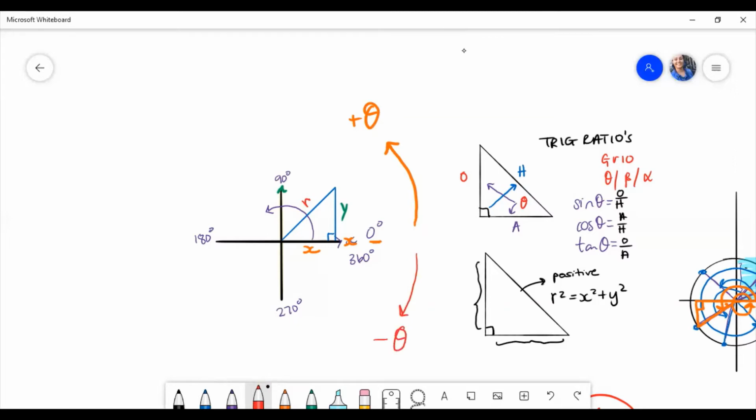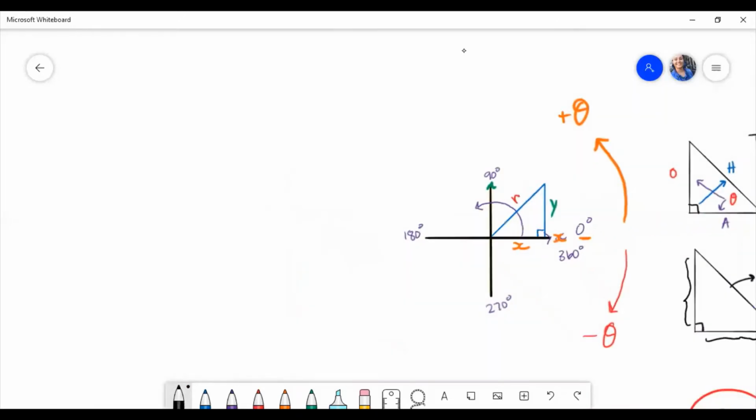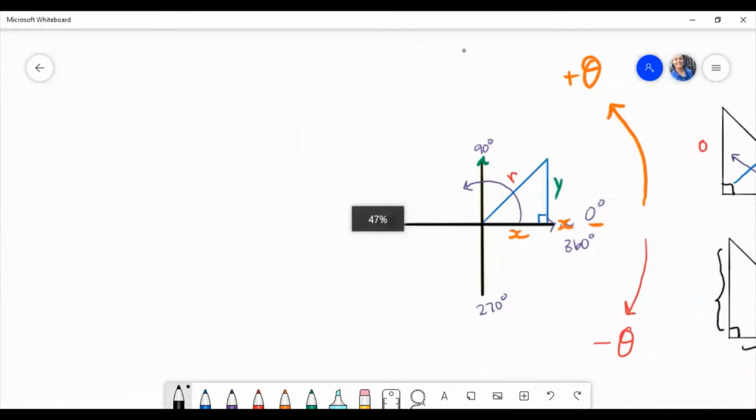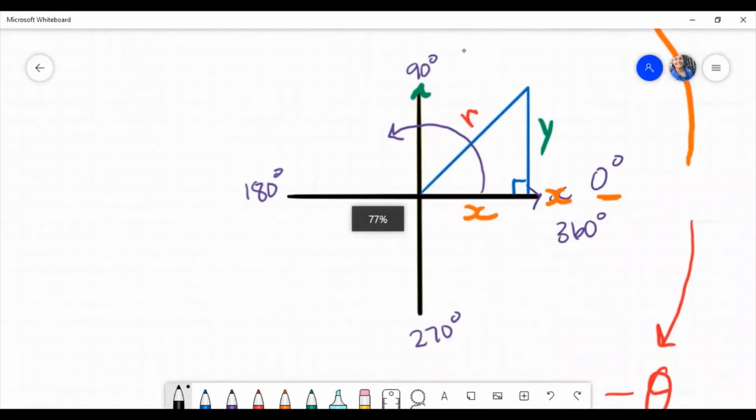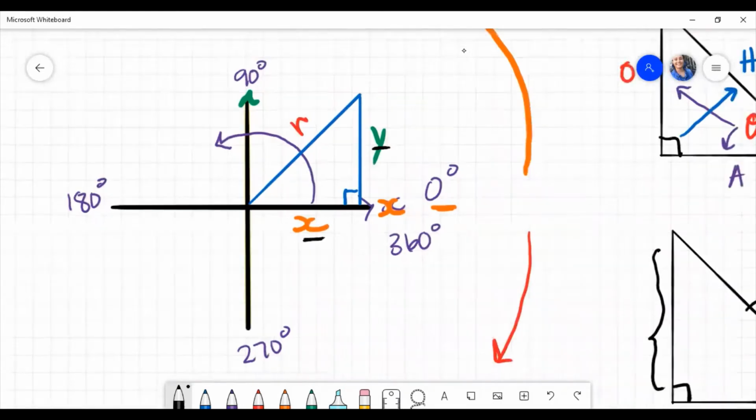Now we go one step further, and we ask ourselves, according to these ratios that we so often use, where would I find these ratios to be positive, negative? So positive or negative is determined by whether my x coordinates are positive or negative, or my y coordinates. Now that is where CAST comes in.